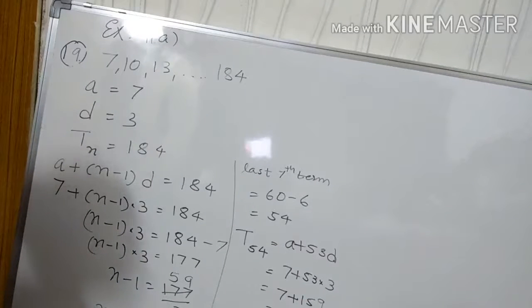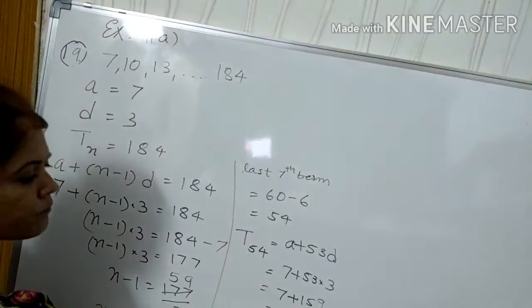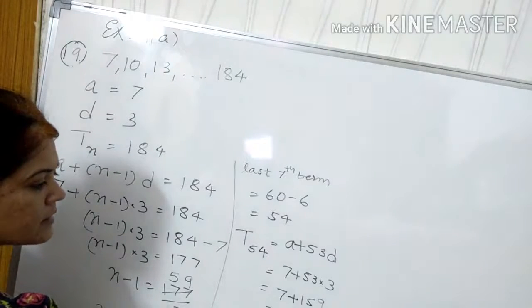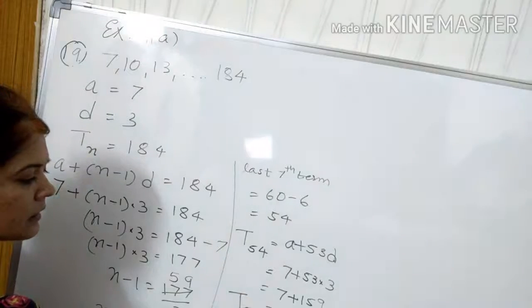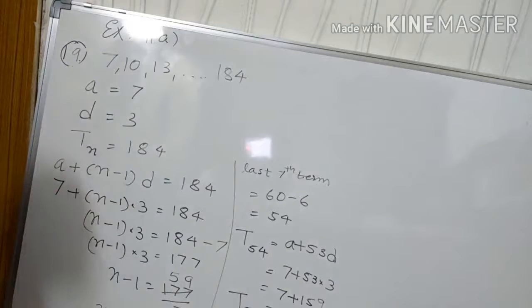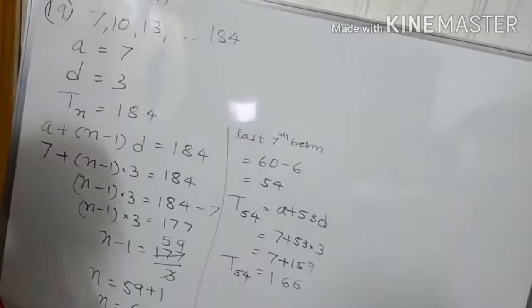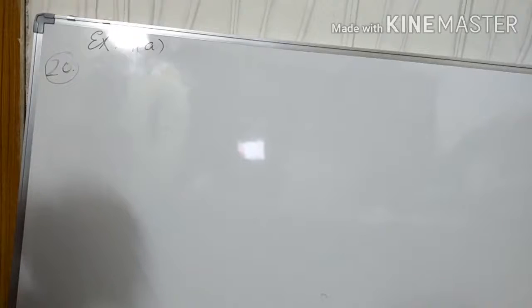So the value of T54 is 166. So our answer for the seventh term from the last is 166.